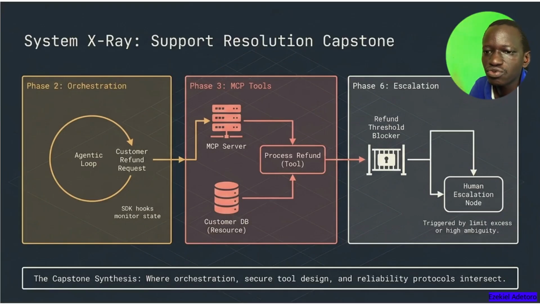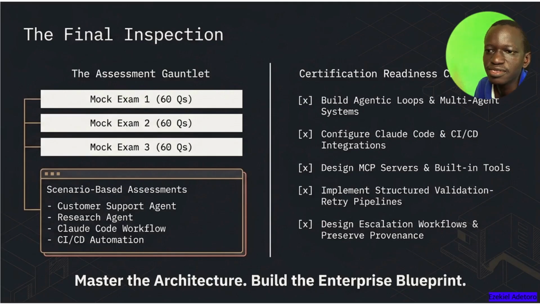So in phase 2, we are going to make use of everything we have learned in phase 2, the agentic loop. Then in phase 3, the MCP loop, we make use of what we learned in the agentic loop. And also in phase 6, the escalation, human in the loop, in case something goes wrong for our support resolution agents. Then the final inspection is the assessments, which contain mock exam 1, mock exam 2, mock exam 3, which are 60 questions.